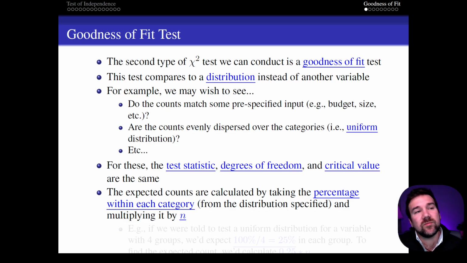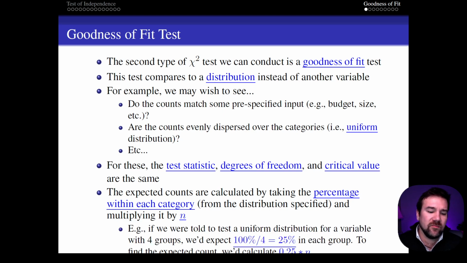For instance, if I'm comparing the sale of 3 products and I assume that all 3 sell equally well, I might have the percentage sales in each product be, say, 33%, 33%, and 33%. From there, if I were given percentages for each product or bin, I would take those percentages, put them in decimal form, and multiply them by the grand total sample size. That would give me my expected count within each cell.